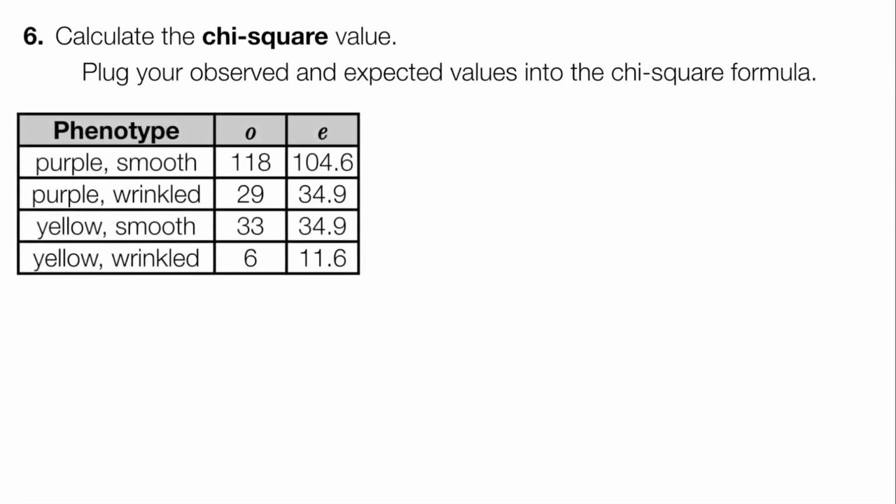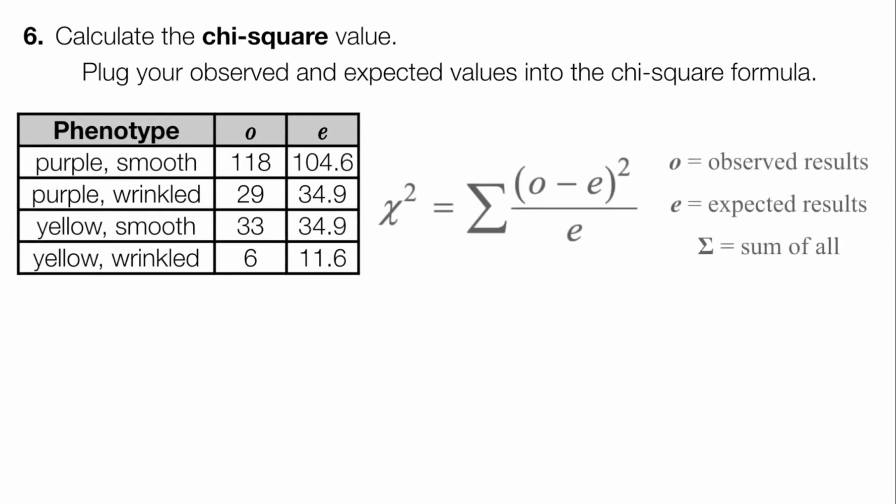And I've rewritten the table of those values that we just calculated here. And the chi-square formula is written here. So let's plug in the values and see what our chi-square value is. The first step is to plug in the values for the purple smooth phenotype. And you notice 118 minus 104.6.